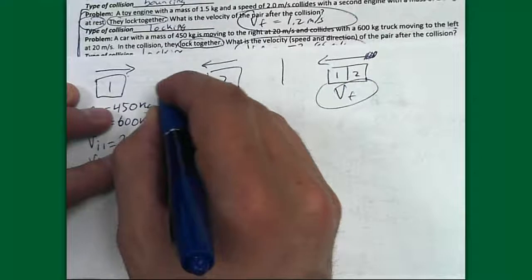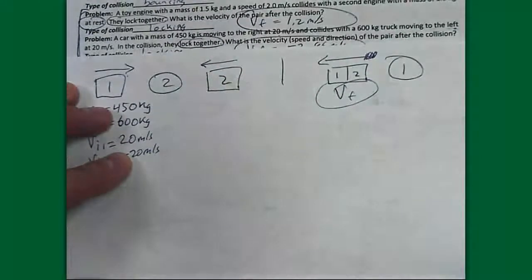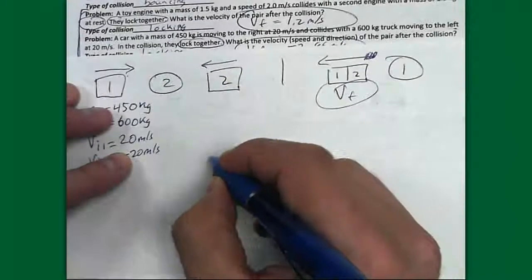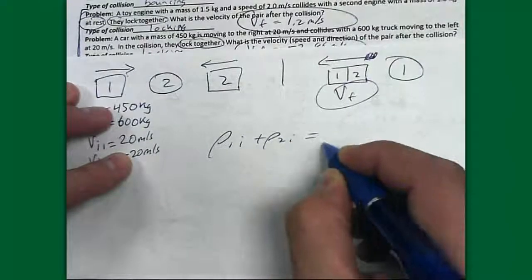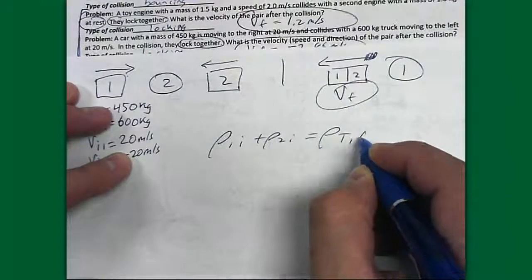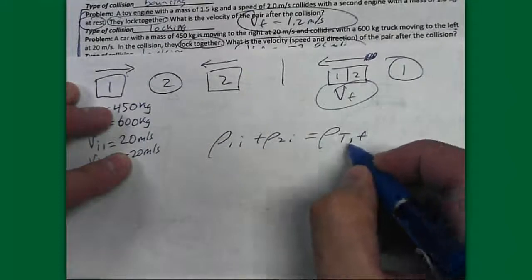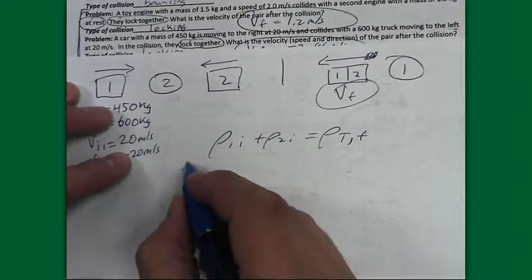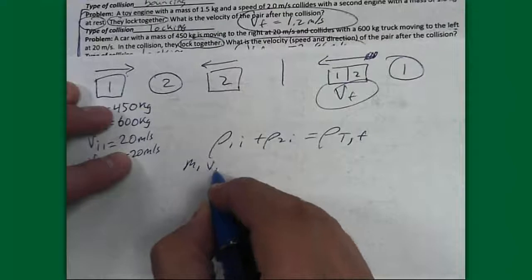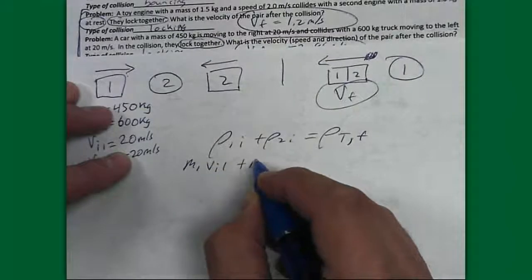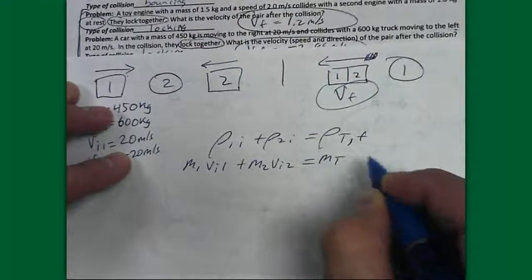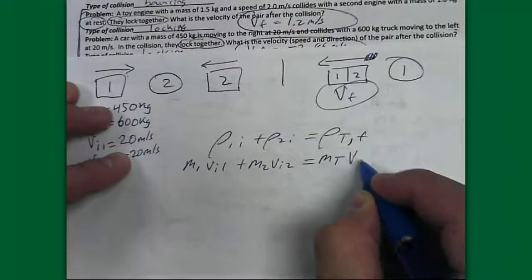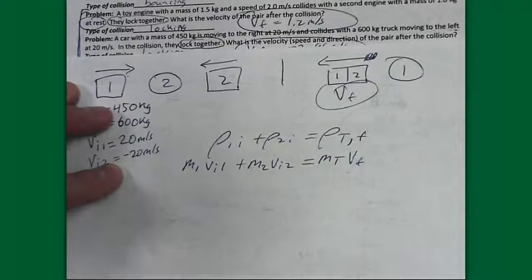Our equation, two objects to start off with, one object to end up with: p1 initial plus p2 initial equals p total final. To flesh it out, this is mass 1 times the initial velocity of 1 plus mass 2 times VI2 equals total mass times the final velocity of the pair.